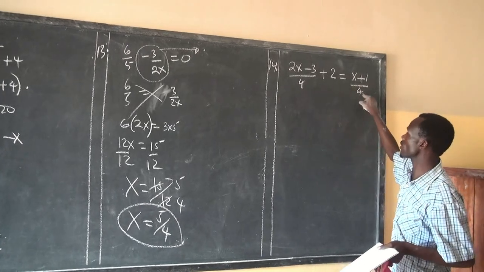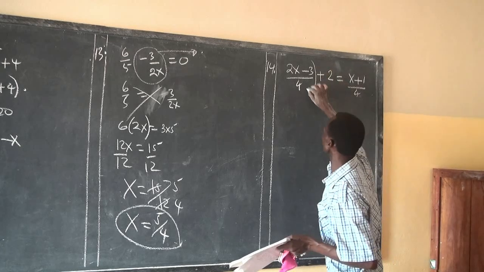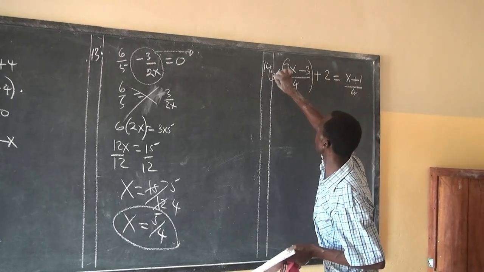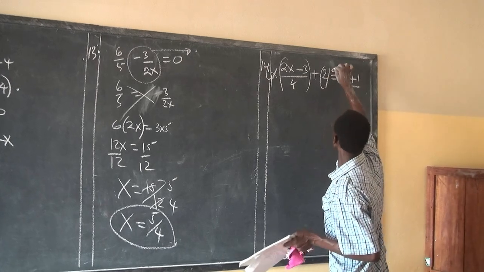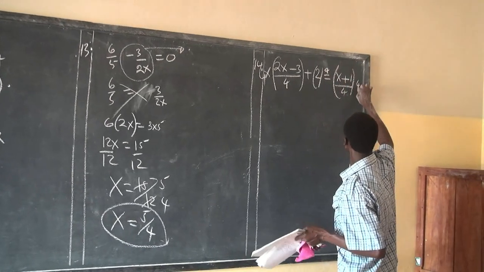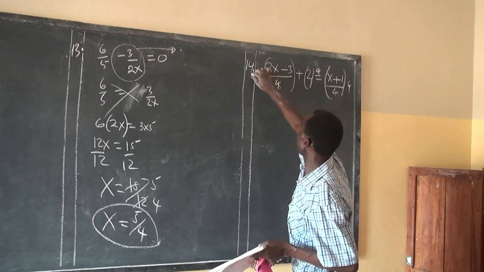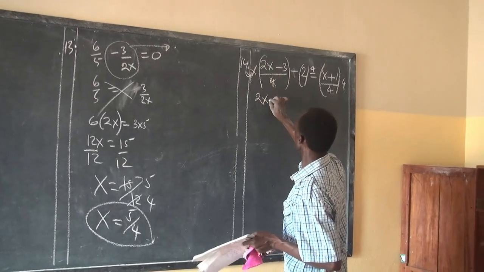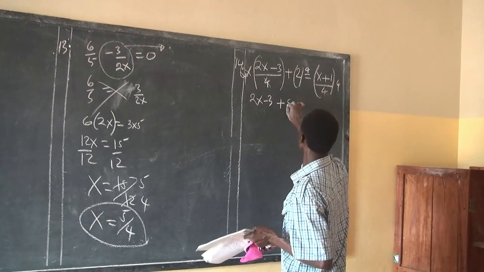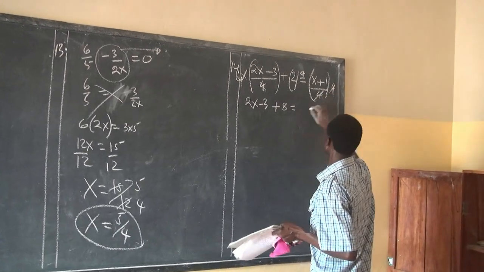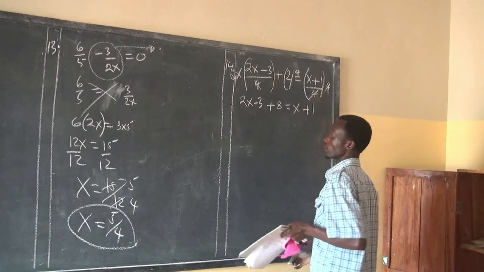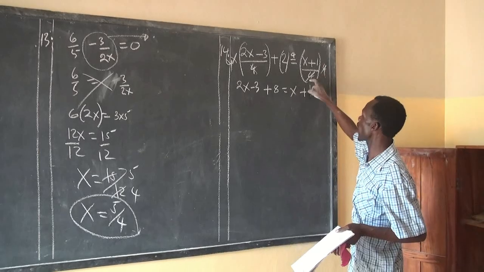It's 4 and 4. Now the LCM is 4. Now here you multiply by 4, here also by 4, here also by 4. Now this by this one, you get 2x minus 3, then plus 8 is equal to x plus 1, because we have cancelled this 4 and 4.